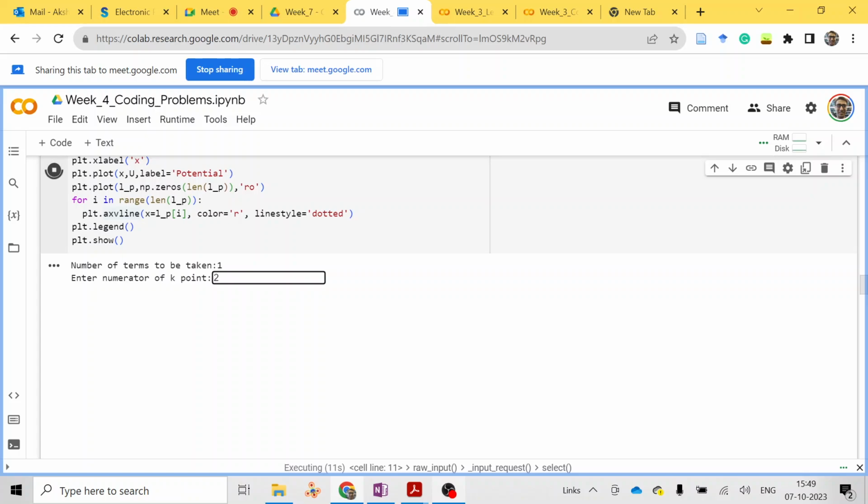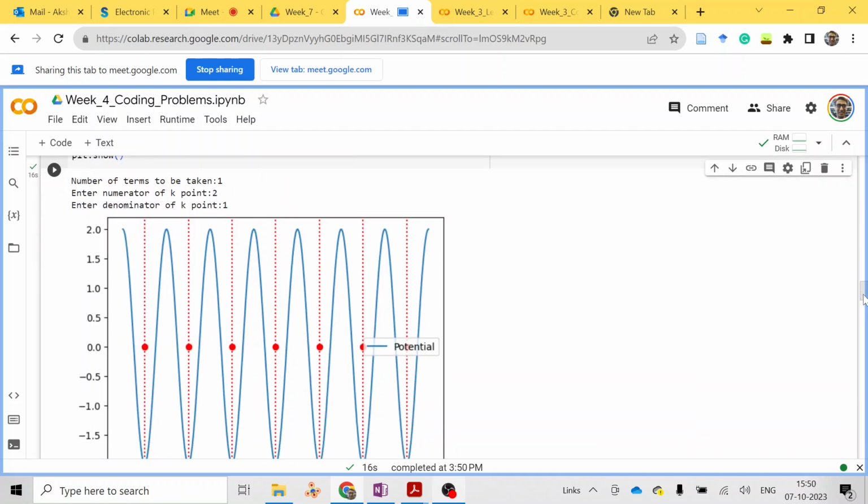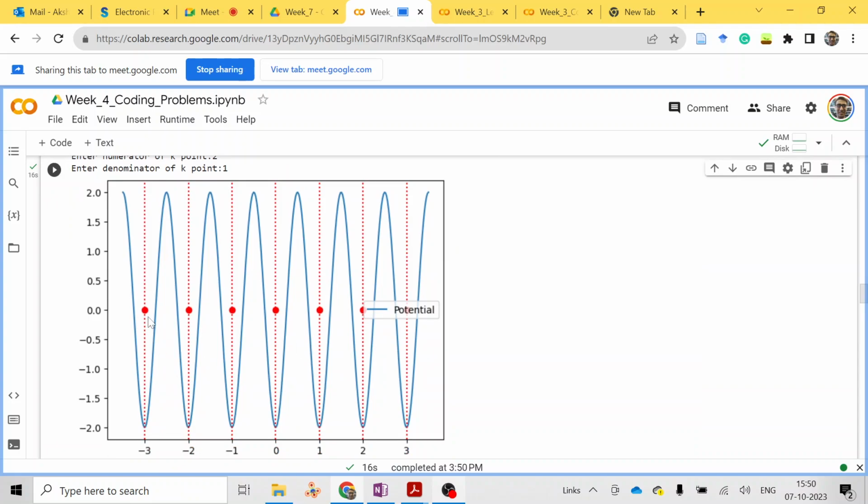The numerator is 2, the denominator is 1, and let's see. Alright, so this is my expansion, this is my potential. These red dots represent my atoms, and as we know, the potential should be negative at these points, and it should be periodic, and I can see that is happening here. So the 2 pi by a wave vector I can include in my expansion.